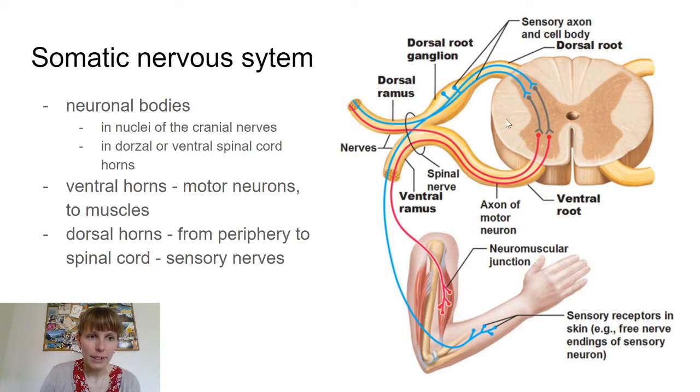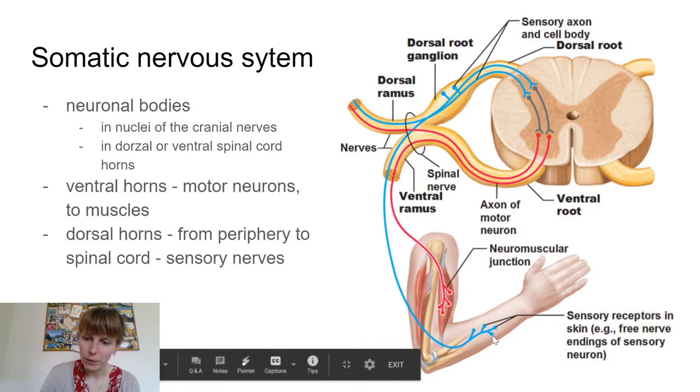We are talking about ventral roots, ventral horns with the motoneurons. Then you have the dorsal horn, and you also have the dorsal root of the nerves coming out and in, and that's where you have a group of cell bodies outside of the spinal cord as well. That's where you have cell bodies of the neurons that are carrying the sensory information from the periphery.